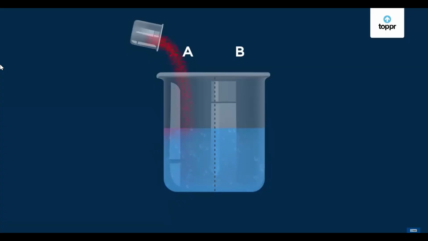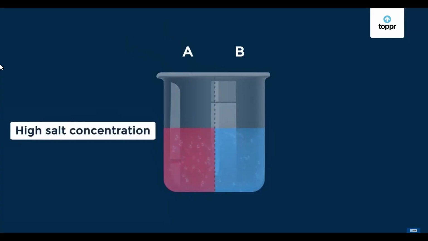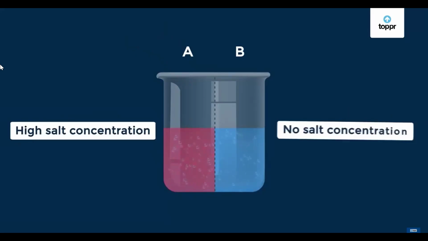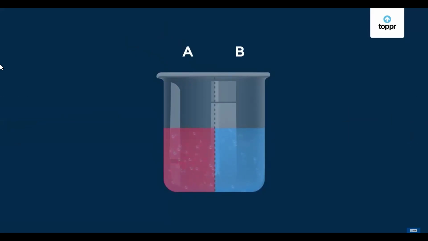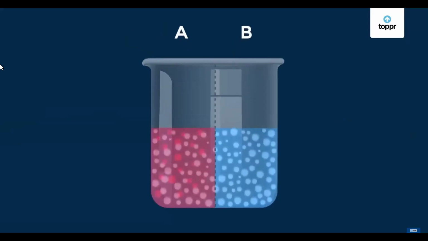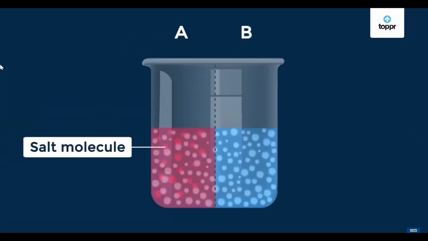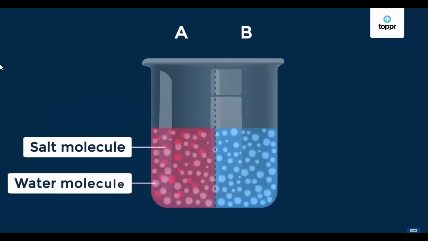The salt cannot move across the semi-permeable membrane and gets dissolved in A. Now that we have added salt only to compartment A, we can say that the salt concentration is high in compartment A and nil in B. Now, if you observe compartment A, out of all the water molecules, some are interacting with the salt molecules and the remaining water molecules are free.